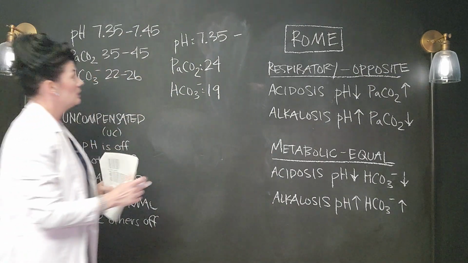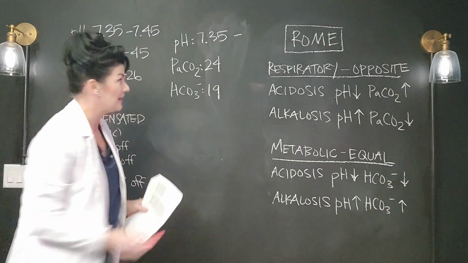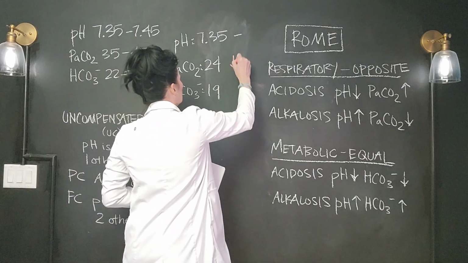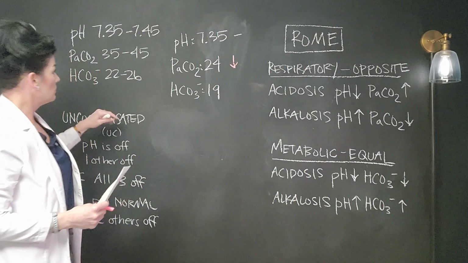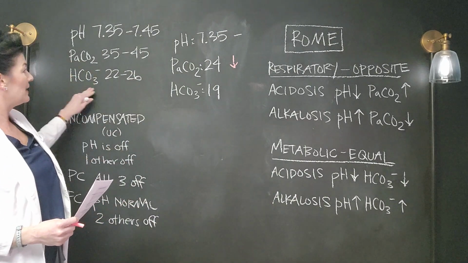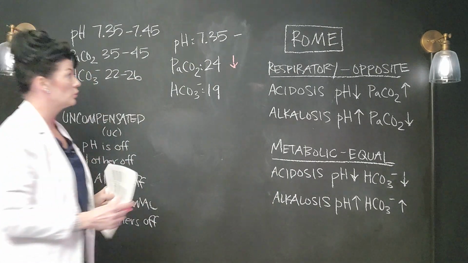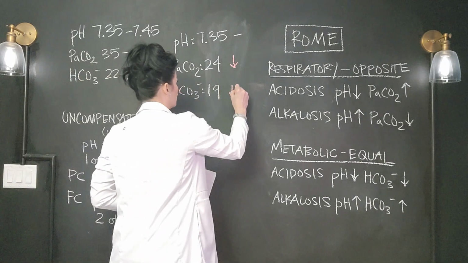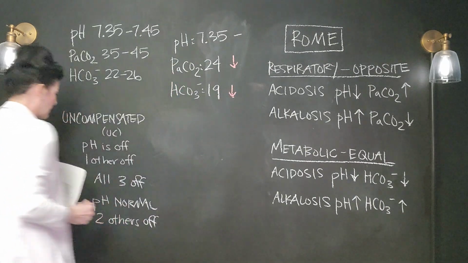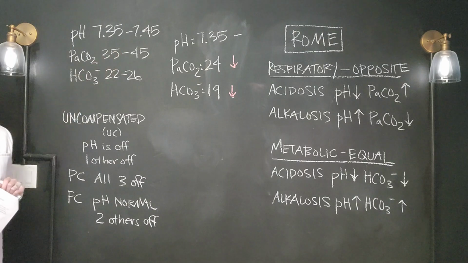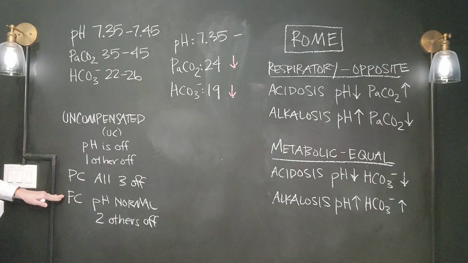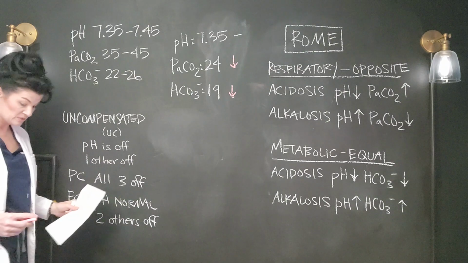We can see that is low. Then we're looking at our bicarb. Is it high, low, or normal? It is also low. All right, so let's start off with our compensation. If my pH is normal and the other two are off, our compensation is fully compensated.